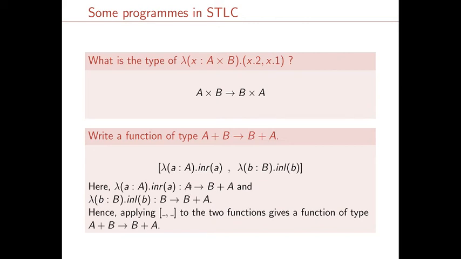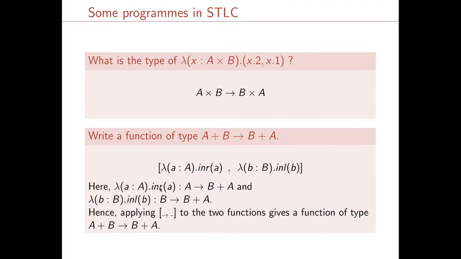Now, how do we construct a function from A to B plus A? Well, this function will start with a lambda. We have lambda a in A dot something, and this something should be of type B plus A. But in order to construct a term of type B plus A, when we have at our disposal an element of A, that's easy.